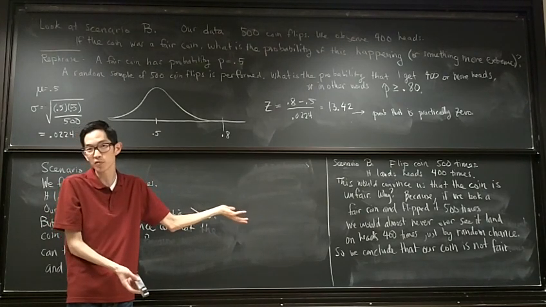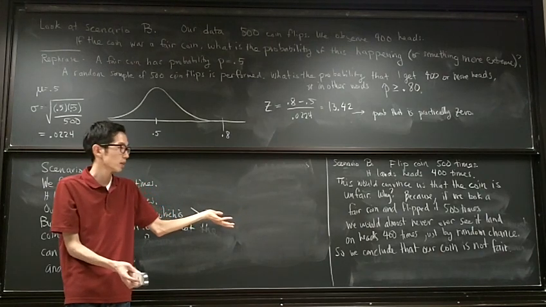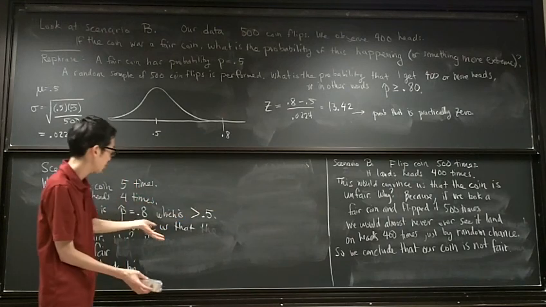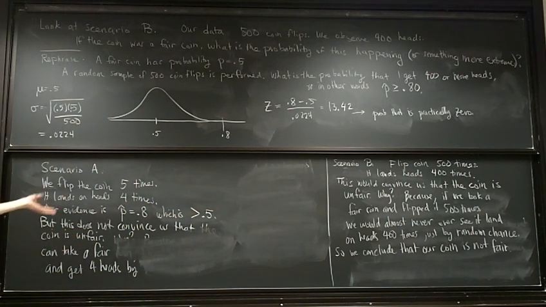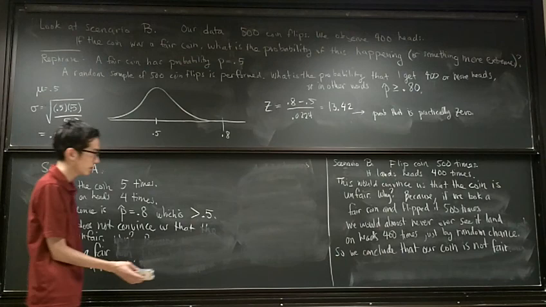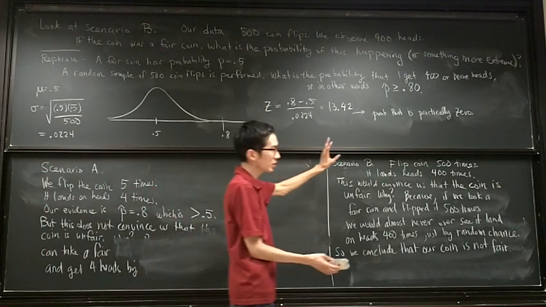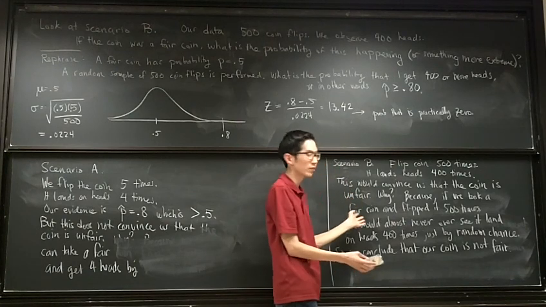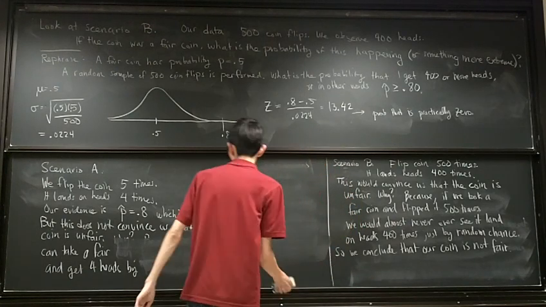We don't know. It might have been. And then we would say we don't have evidence to support our claim, or to reject the null. On the other hand, if the probability is incredibly small, or just small, we'd say this provides evidence to reject that claim.